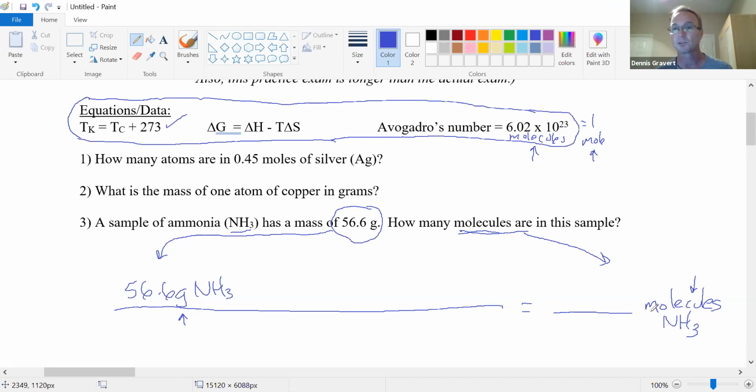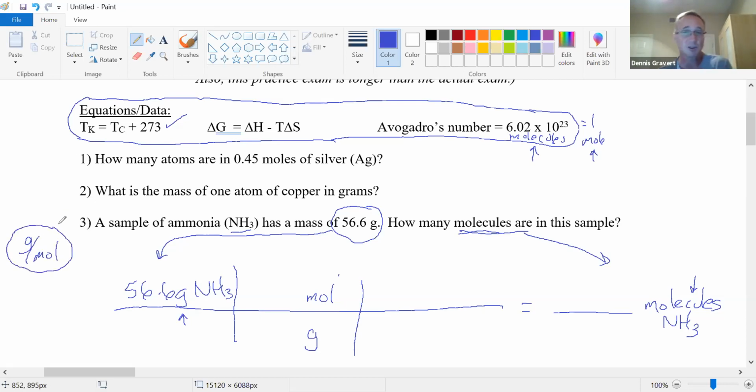Well, we want molecules. So if we can get the moles, like if we find out how many moles are here, that's how you solve the problem. So in other words, we need a conversion factor right here that can cancel out the grams and change them into moles. Moles over grams, or grams over moles.